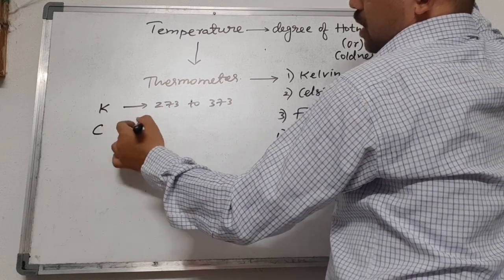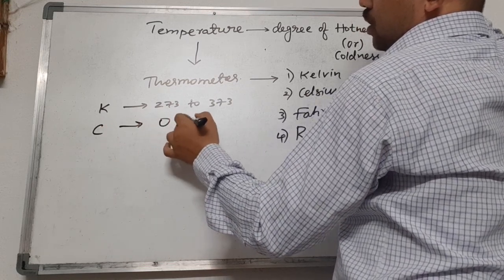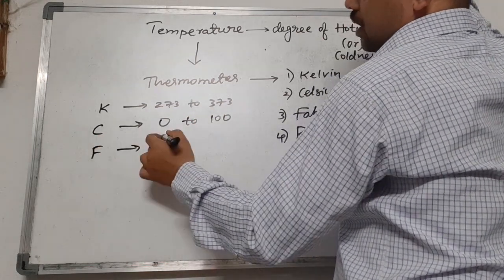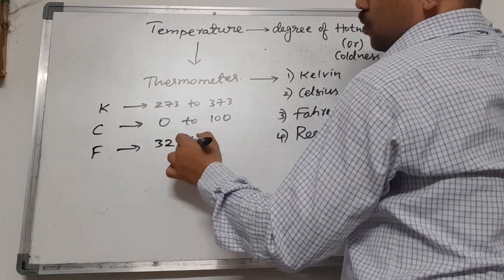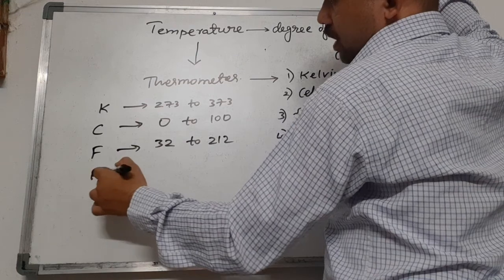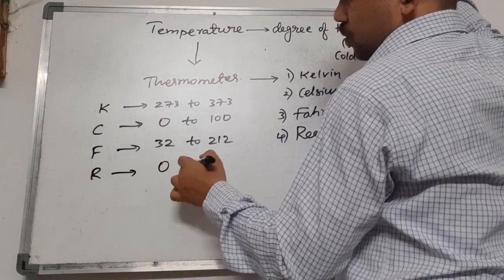On Celsius scale we take reading from 0 to 100, and on Fahrenheit we take readings from 32 to 212, and on Reaumur scale we take reading from 0 to 80.